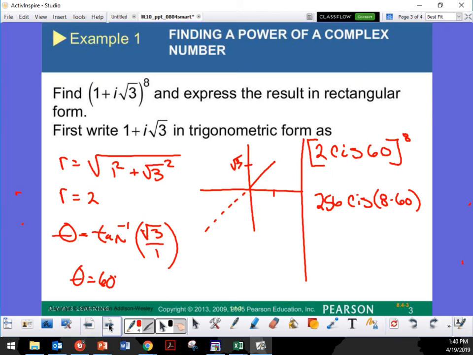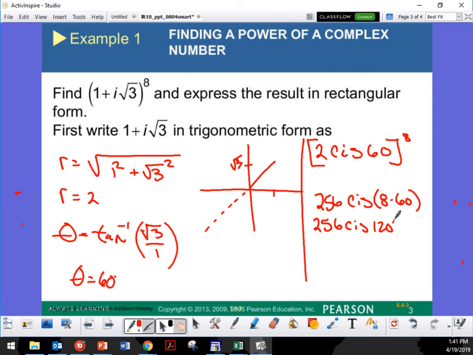Subtract 360 to find the coterminal. So it's 120. So we're going to get 256 CIS of 120.